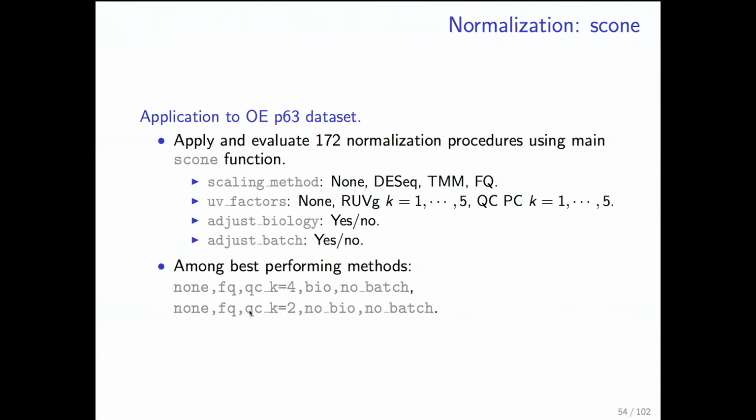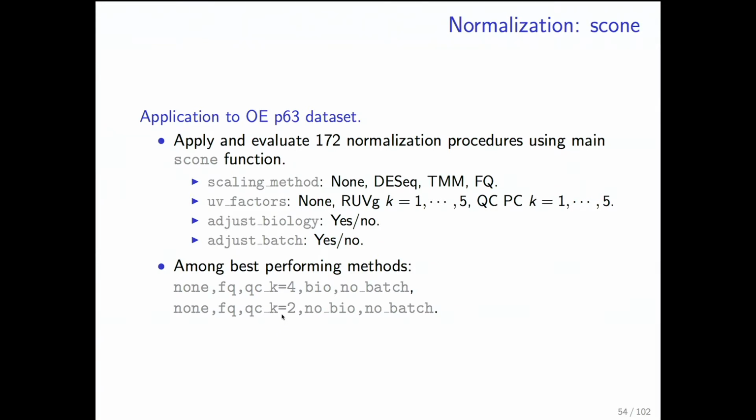They both involve full quantile normalization, which is basically matching the quantiles of the count distribution across cells, so it's a pretty aggressive form of normalization. They also involve regression of the gene level log counts on principal components of the QC metric. Here it's regression on the first 4 principal components, and here it's regression on the first 2.